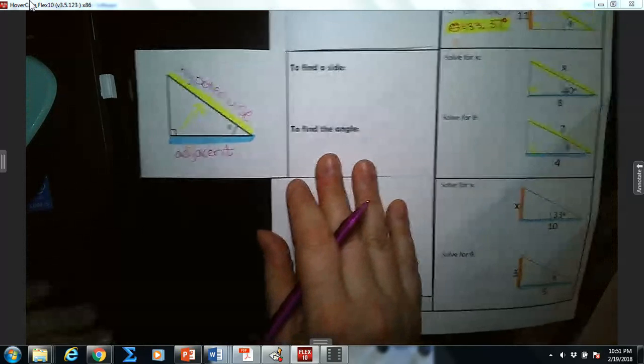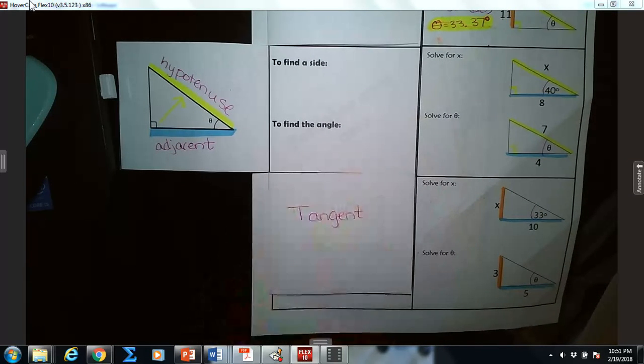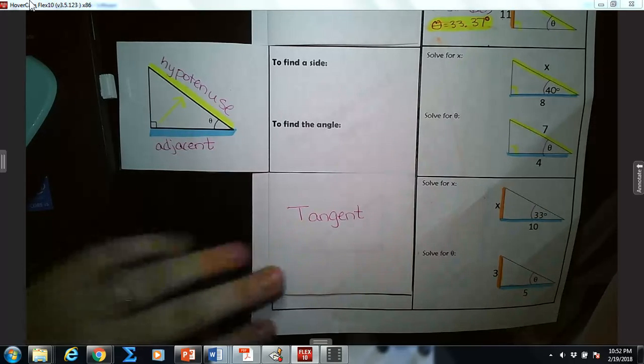So when we're given information including the hypotenuse and the adjacent leg, that's when we're going to use the cosine function. As far as the setup and solve goes, it's almost identical to what we did with sine.